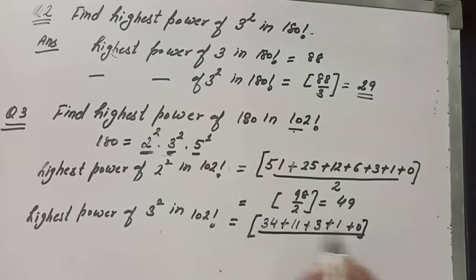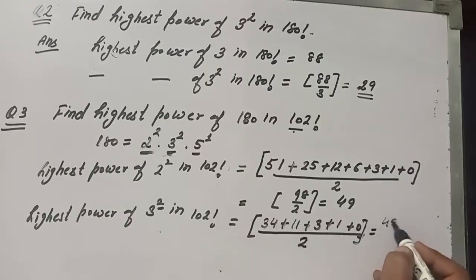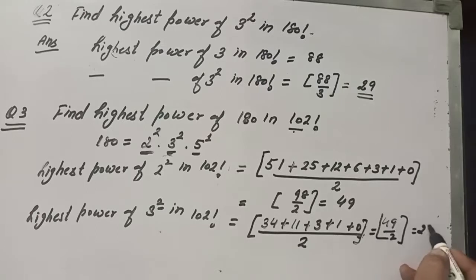And again, because we are calculating the second power, divide here by 2 and calculate the greatest integer. So this sum is 49, 49 by 2, that is again 24.